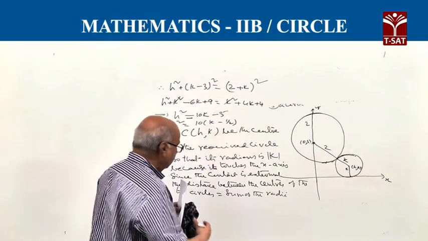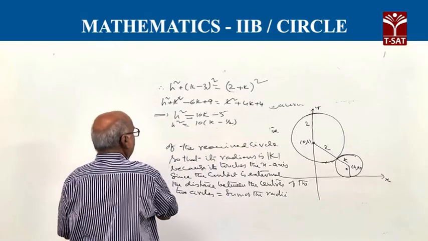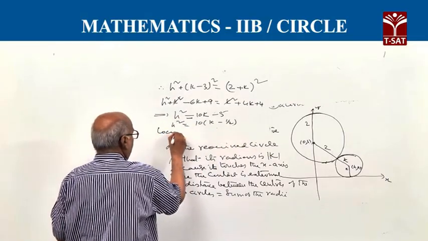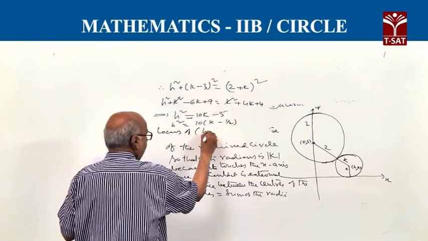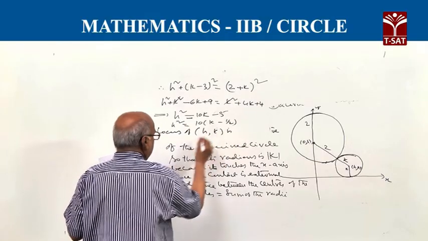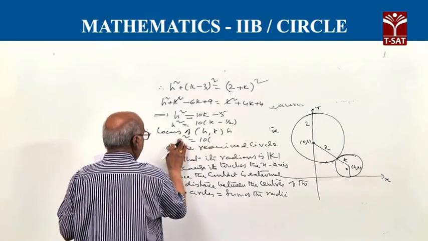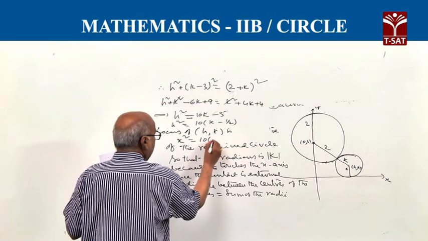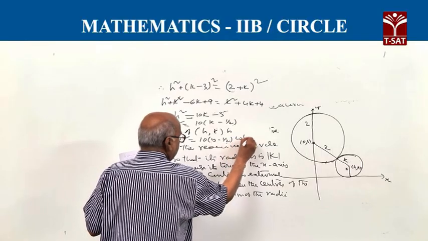So, therefore, the locus of (h, k) is x square is equal to 10 into (y minus half), which is a parabola.